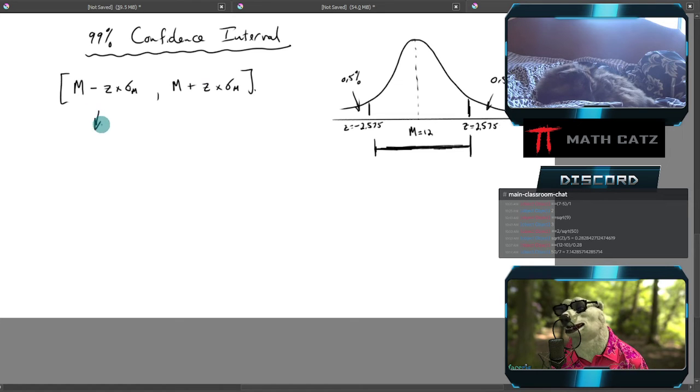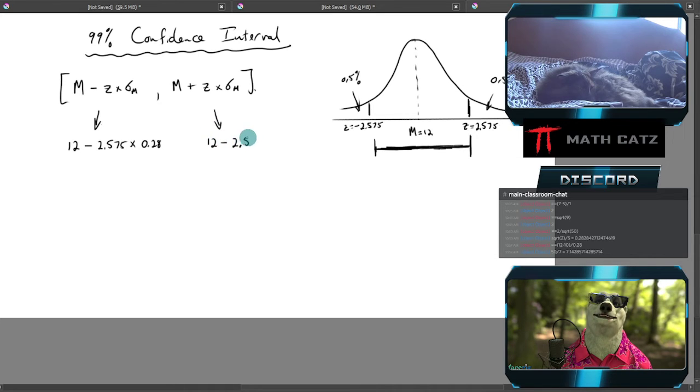And what we get on this side, let's write it out. It is our 12 minus 2.575 times the standard deviation, which was 0.28, wasn't it? Pretty sure. Of course, we've rounded the 0.28 as well, so there are some inaccuracies due to rounding, but for a rough hand calculation, I'm okay with that.